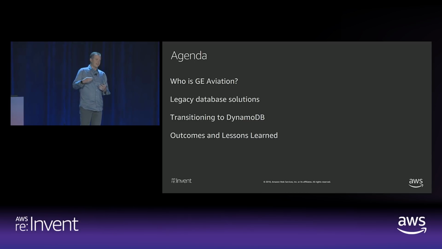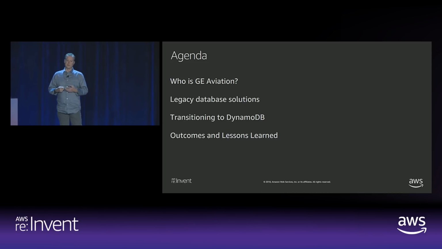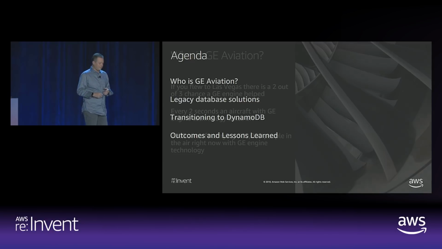What our plans are to take Dynamo into the next step for us as far as cloud usage within GE Aviation. And then after that, we'll discuss outcomes, lessons learned, things we need to do in the future, things we learned along the way, and things that we're going to set up into the future for GE Aviation and what we do with this data.